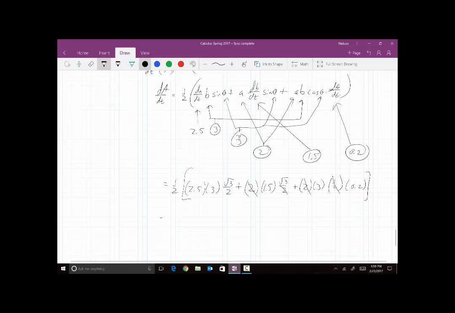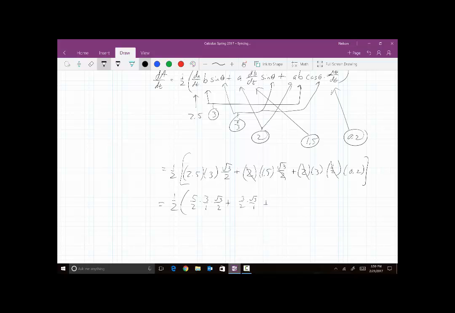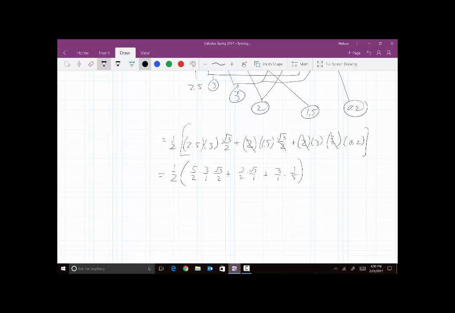So then what are we going to get? 2.5 is 5/2. So it's 5/2 times 3 over 1 times root 3 over 2, plus 3/2 because 1.5 is 3/2, times root 3 over 1 because everything else canceled out, and then plus 3 over 1 times 2 over 10. You could just call it a fifth. Then just compute this.